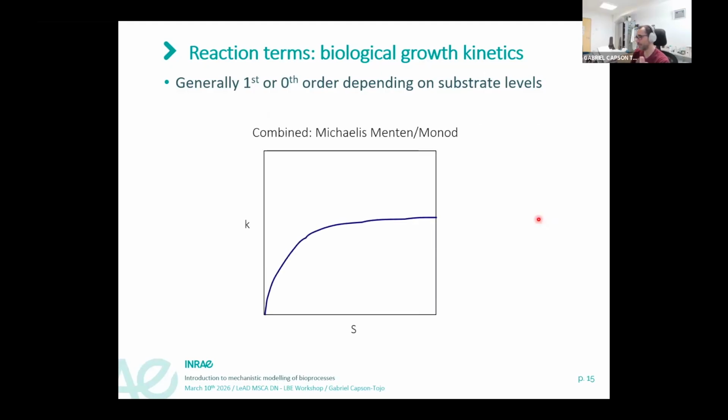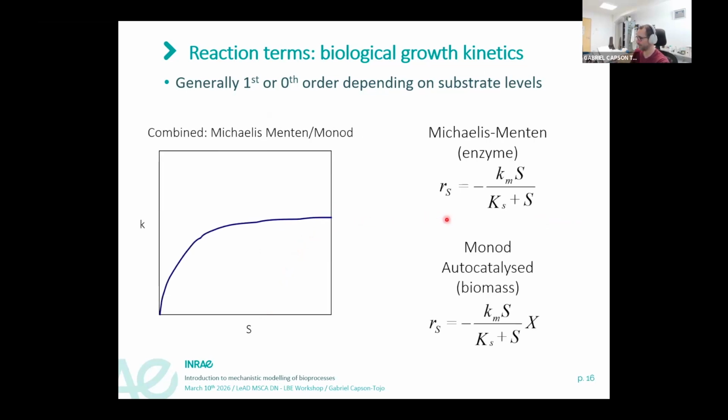If we combine those two, we have again the Monod equation, which is what Jerome was mentioning before. You have this sort of linear behavior at the beginning, and then you have this saturation, zero order. This is the general expression. I always like to mention Michaelis-Menten here because most people have studied this at some point in their career, not necessarily Monod, but it's exactly the same equation.